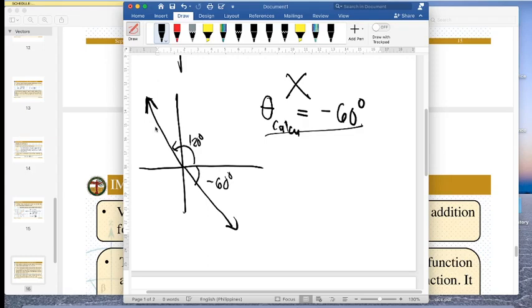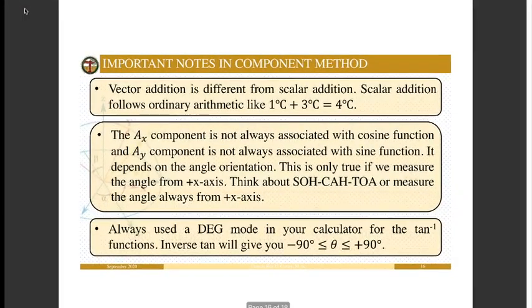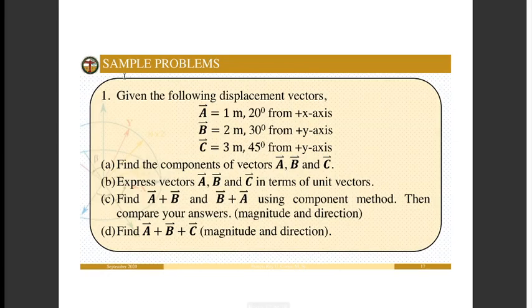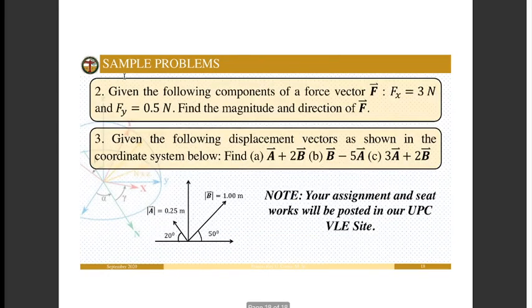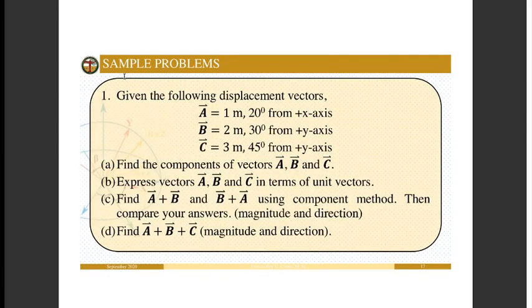So you have to answer 120 degrees, not negative 60 degrees, because that is the true orientation of your vector A. Although mathematically they are correct, in physics, as you can see in your drawing, it is not correct. So that's an example. Then we are done. Sample problems will be given.